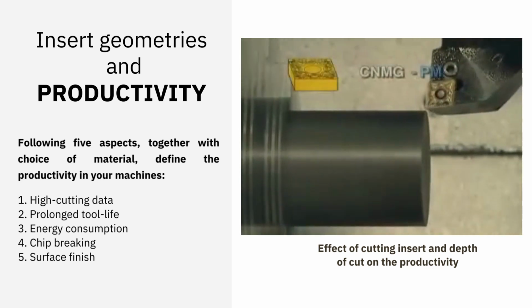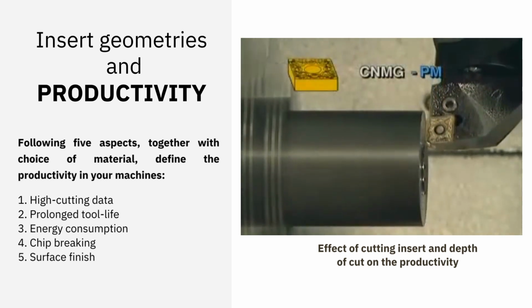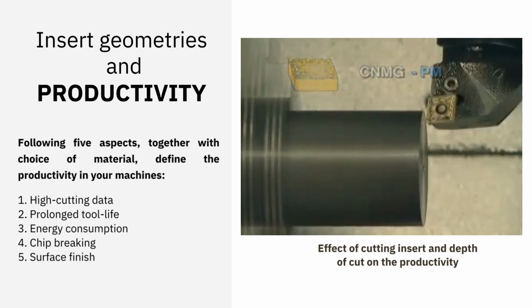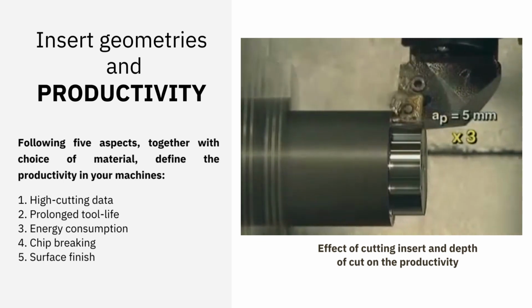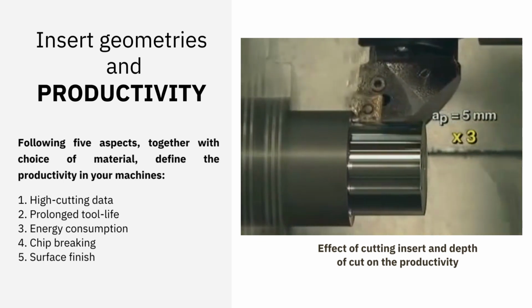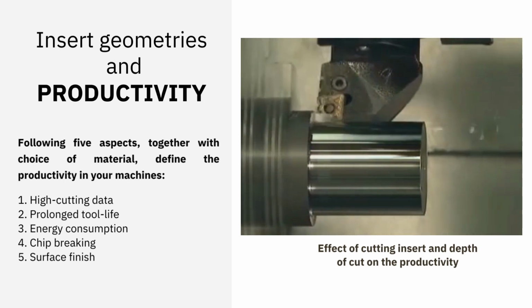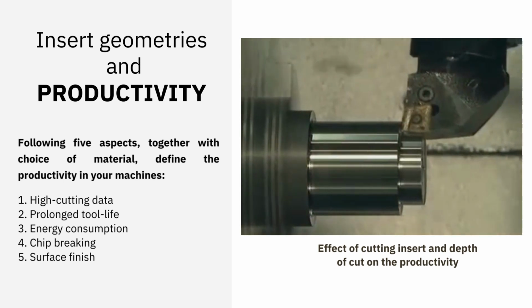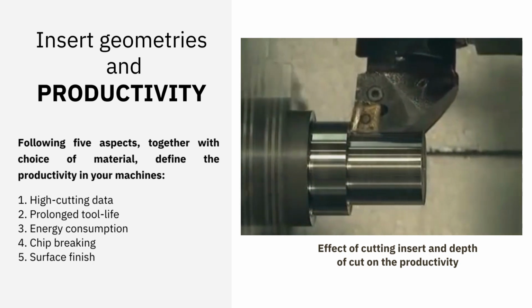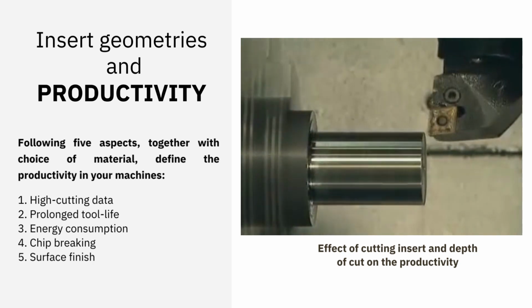By using higher cutting data, it is possible to increase productivity and at the same time significantly extend tool life. You can see how machining time changes when cutting insert geometry and depth of cut in machining a steel workpiece.